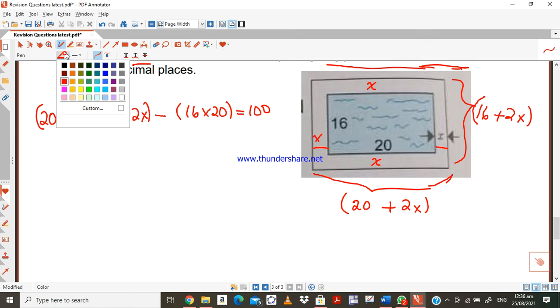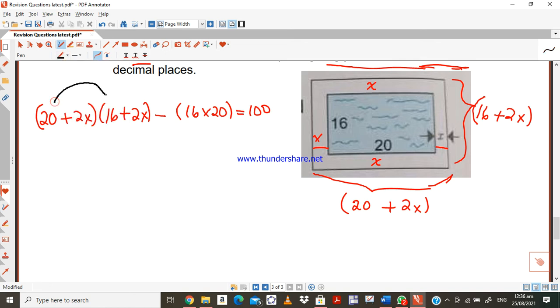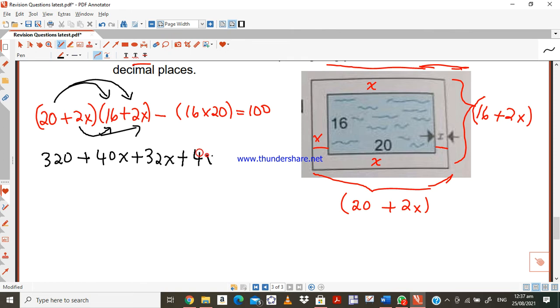Still remember that you must multiply first. That's going to give you 320. And then when you multiply 20 times 2x, that's going to give you 40x. When you multiply this, that's going to give you 32x. And the 2x times 2x, that's going to give you 4x squared. And you're supposed to subtract this from 320.